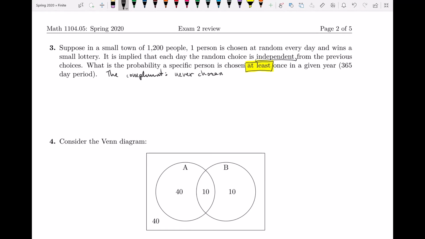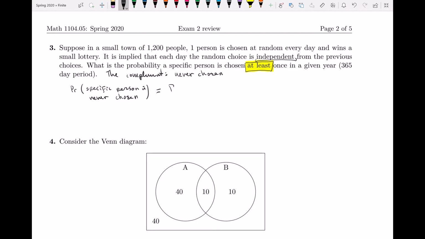So we want to compute the probability a specific person is never chosen. And to be never chosen, they have to not be chosen every day. Because they're independent, having a bunch of decisions that all must be true simultaneously, we can just multiply the probabilities together.